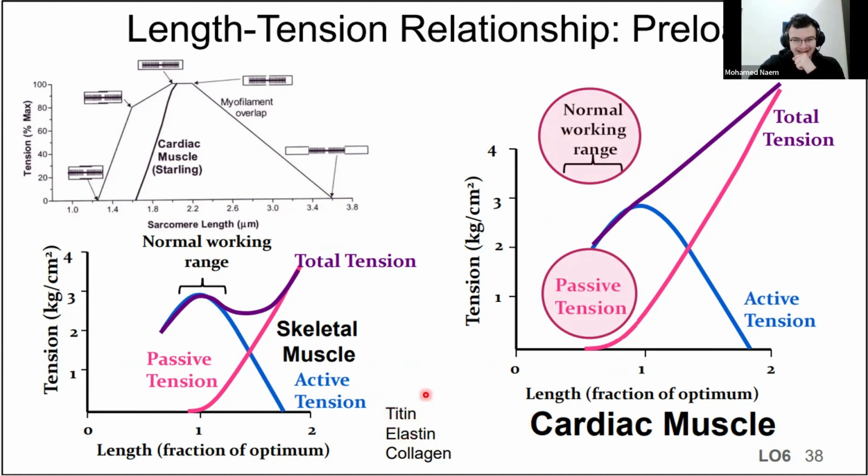The molecule that has like a spring. Remember when we said it's for elasticity, for when the muscle lengthens, then it goes back. Basically, we have different types of titin inside the skeletal muscle and different types inside the cardiac muscle. That's why we have a dip here and we don't have a dip here.